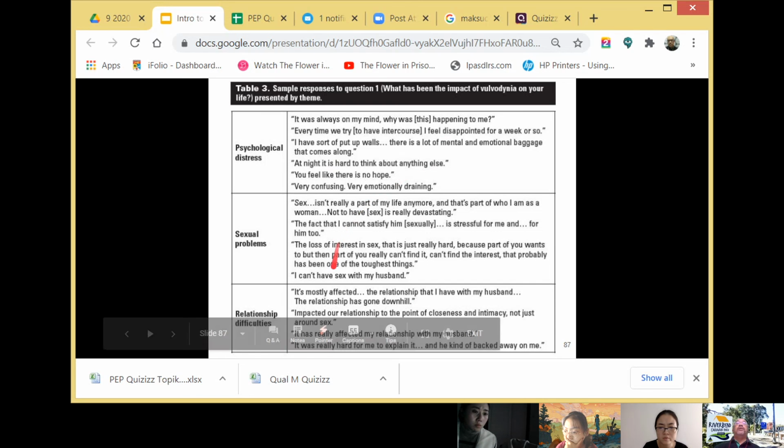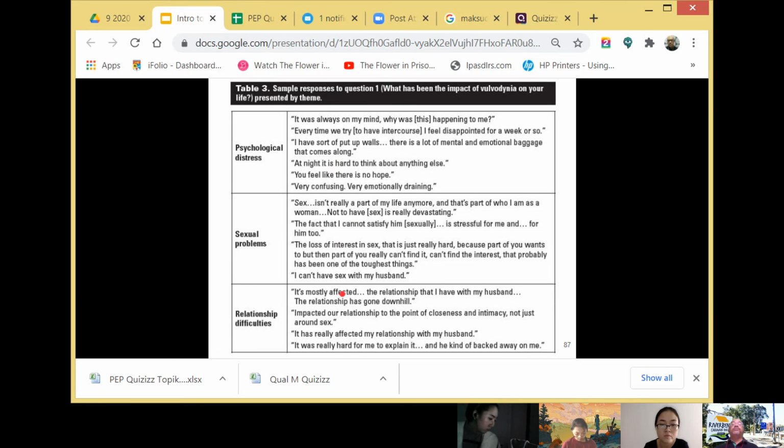Second theme, sexual problems. So you have the quotation there, and then relationship difficulties. For example, you capture the statement from one of your participants in order to show that this theme exists.